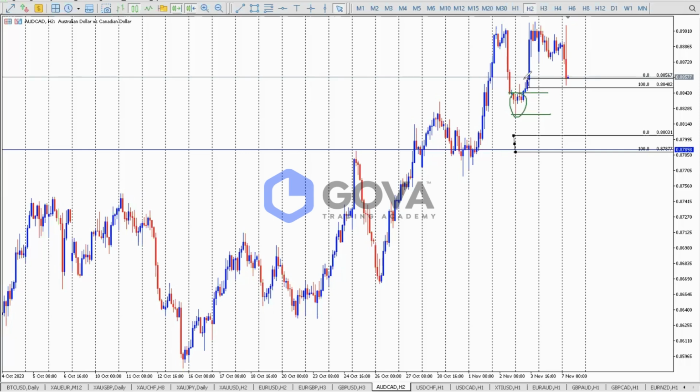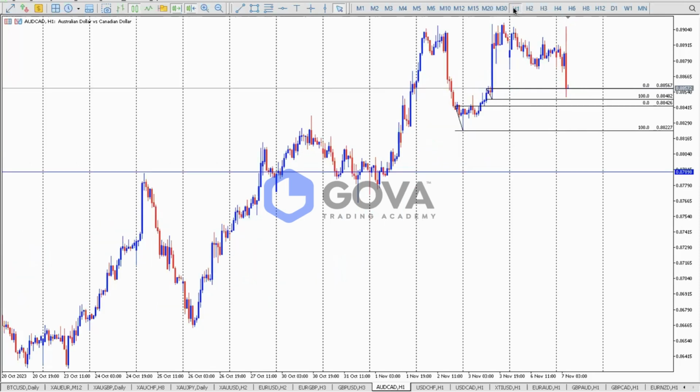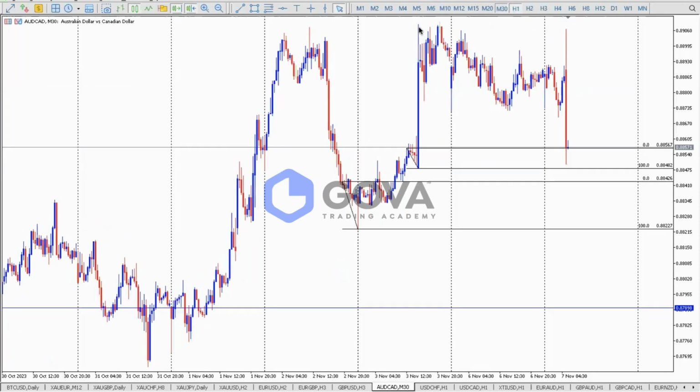Now, when I switch back to a lower time frame, there's a hidden zone around here, which means we have two traps in the area. We have our first trap here. When I switch to a lower time frame, I can see that we have another trap. We have our second trap here.